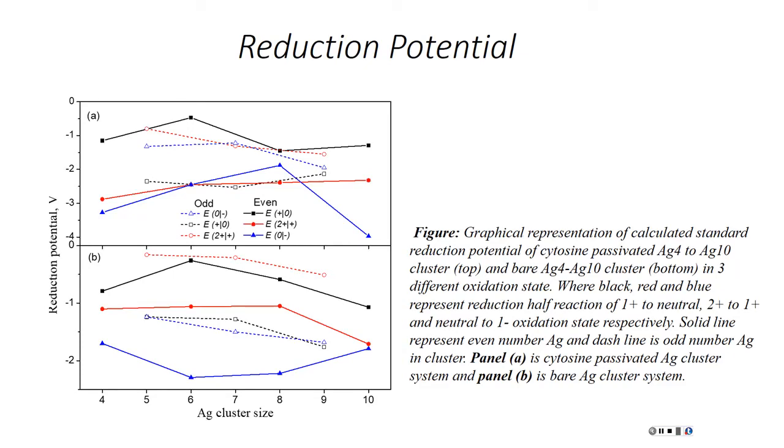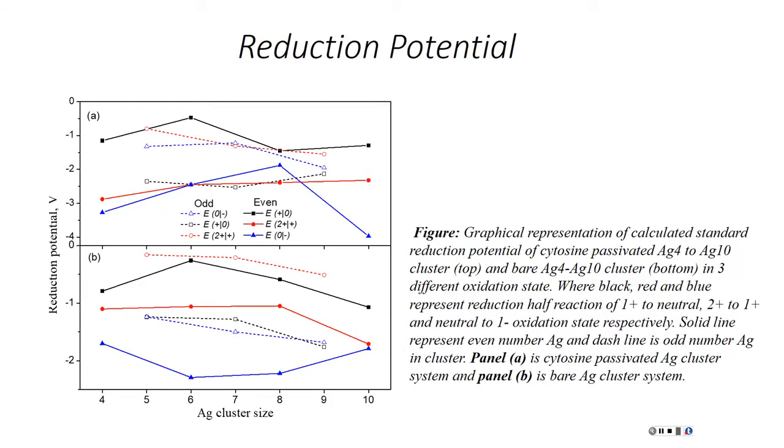They have one exceptional number, the 10 cluster, for which I don't have an explanation at this point. If we exclude this point, the same trend shows that when the cluster size is increasing, the difference between the reduction potentials for doublet to singlet and singlet to doublet is going to decrease, smaller and smaller.